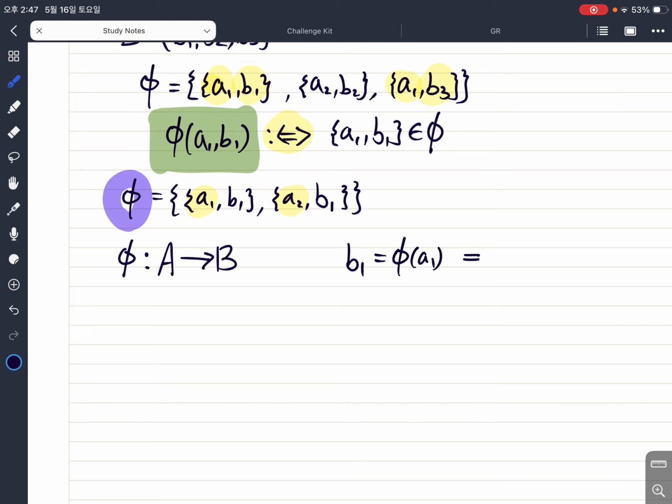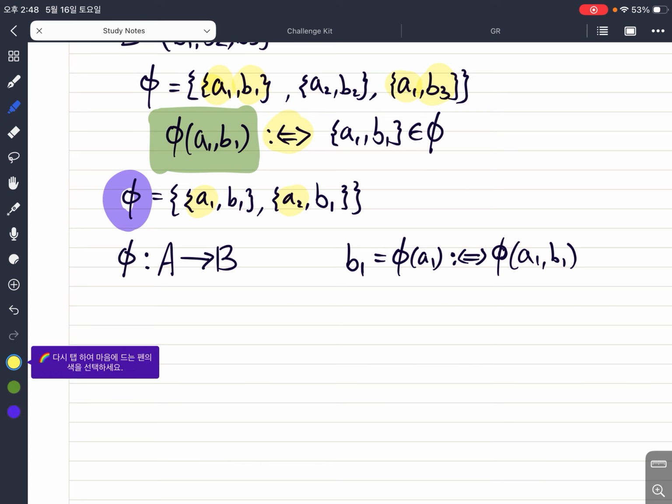But again, this is nothing but the same notation as phi(A1, B1). I think you are more familiar with this notation. But in fact, this has the same meaning as the right one, and this is also the same as this one. I hope you remember this.